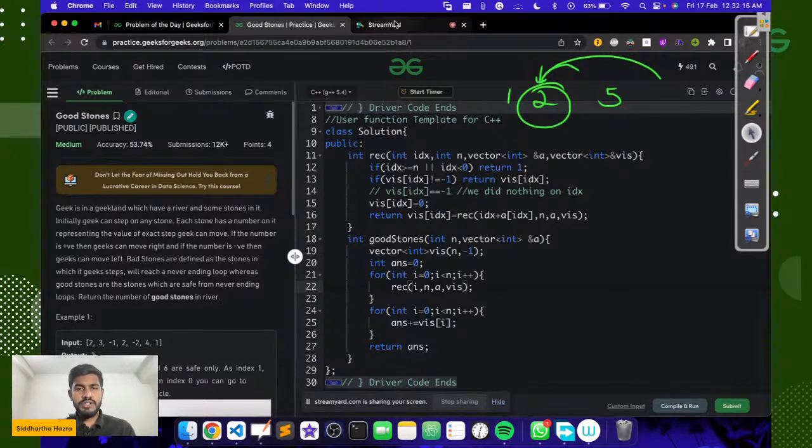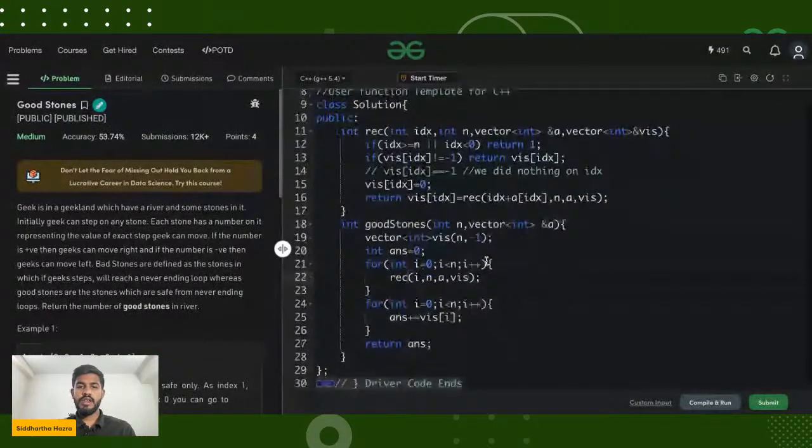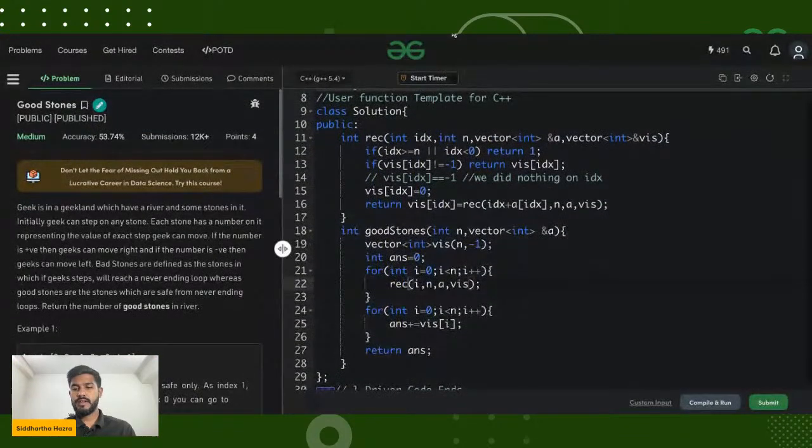So now I would just share the tab and then you let me know at which point you are not able to understand. So, good stones, yes, just tell me. So Santosh, Rishit, Chandu, Astha, am I clear?